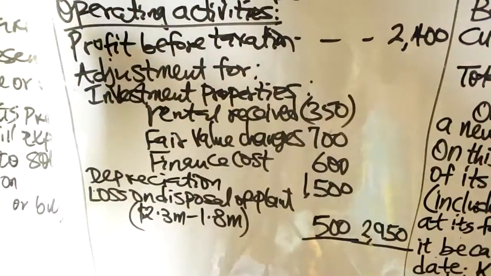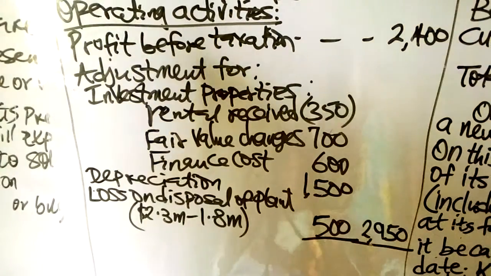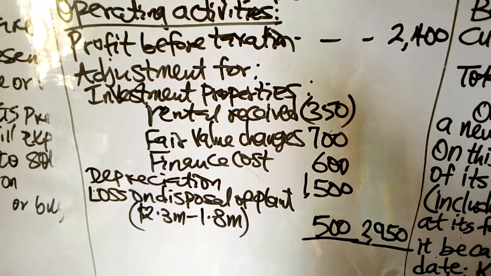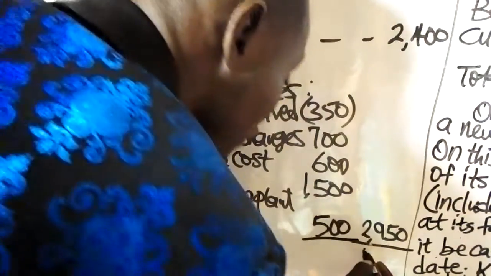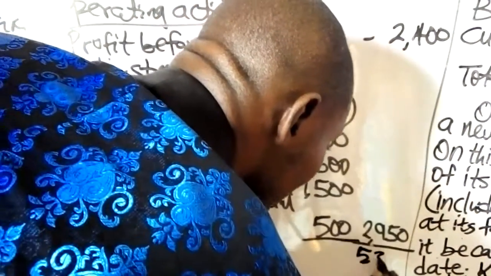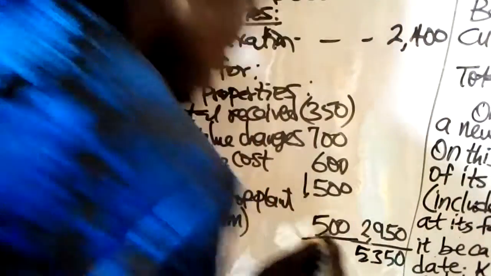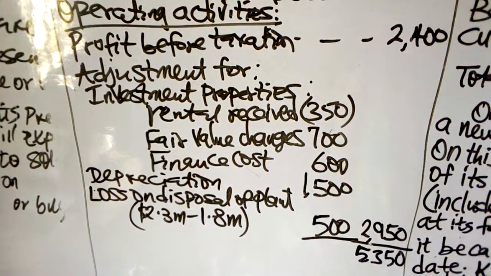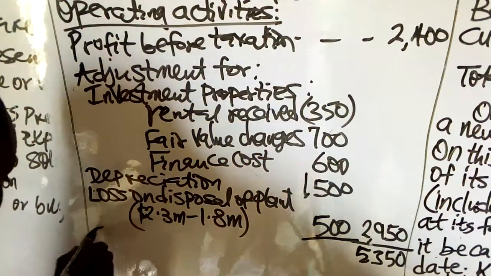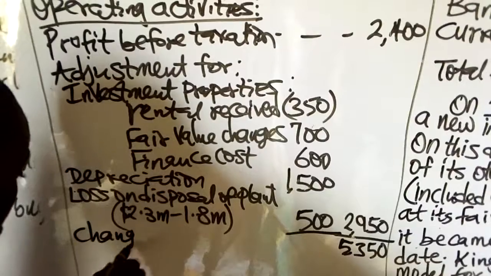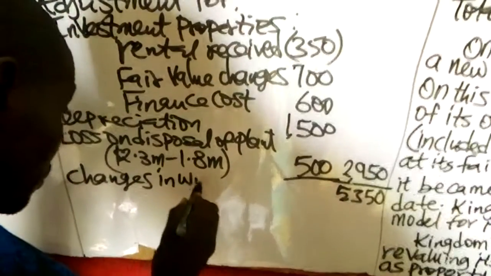This plus 2,400, then the total is 5,350. That is the net operating cash flows before changes in working capital. After this, the next thing you are going to deal with will be changes in working capital for the period.